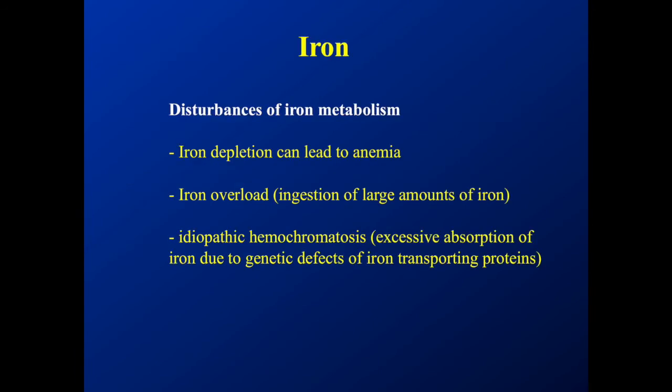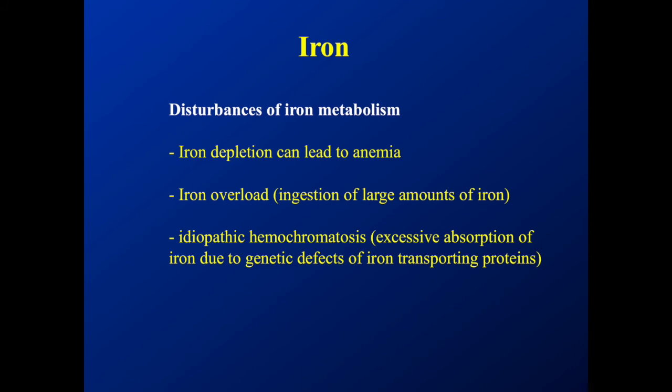So iron is an important mineral in your body, obviously for hemoglobin, but it's involved in your electron transport chain. Disturbances of iron metabolism can lead to anemia. If you're not getting enough iron in your diet, you don't make enough red blood cells, and don't have a lot of energy. But you can also have iron overload, where you ingest far too much iron.